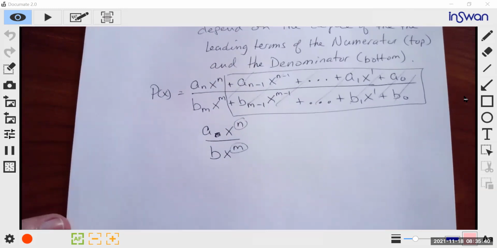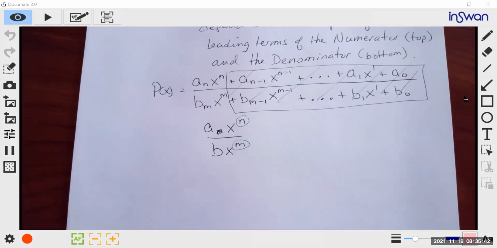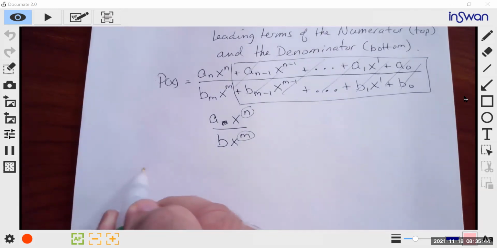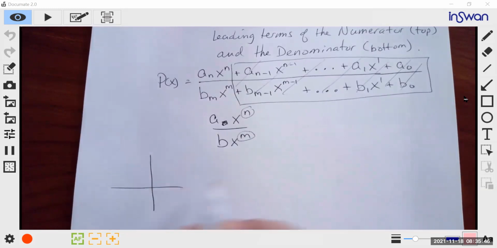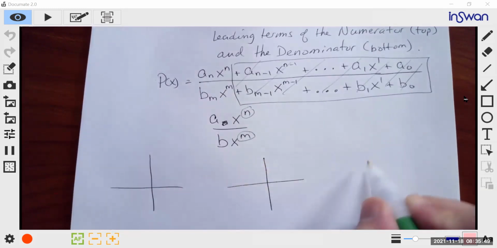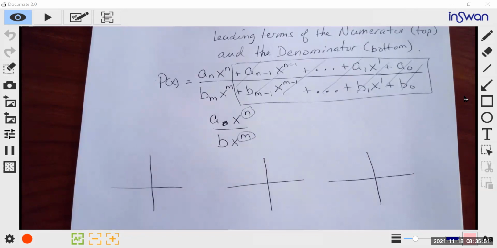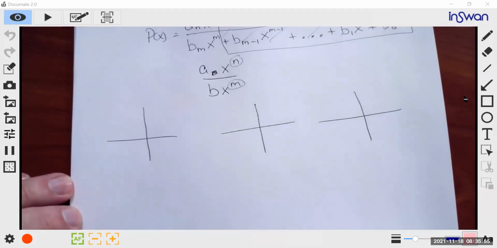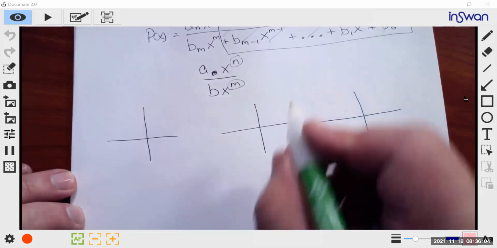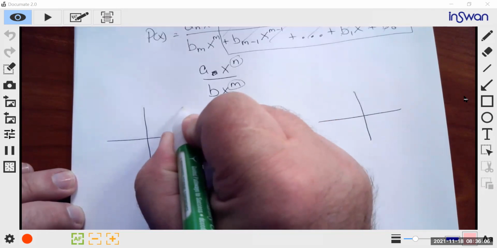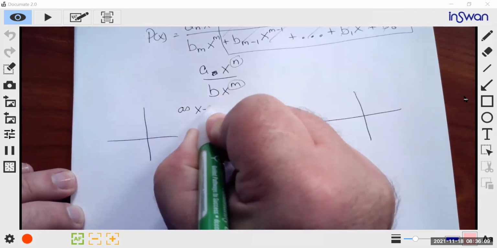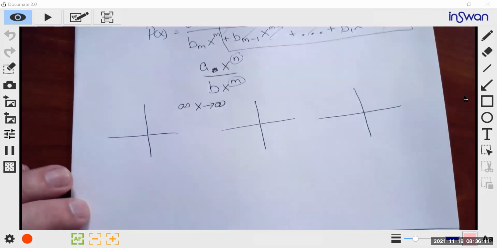Those are the degrees. 3 things can happen. For each of these examples here, we're going to be looking at what happens as x gets bigger, as x goes to positive infinity.